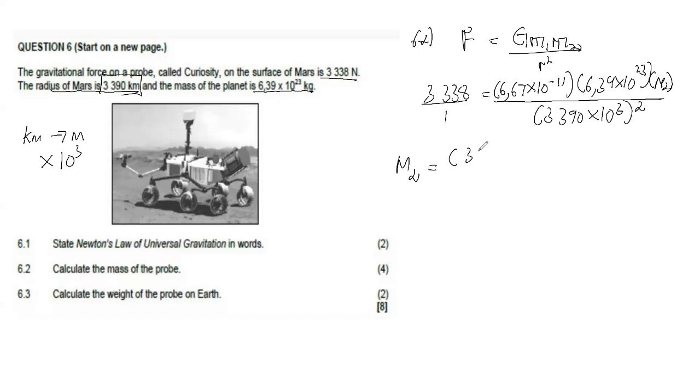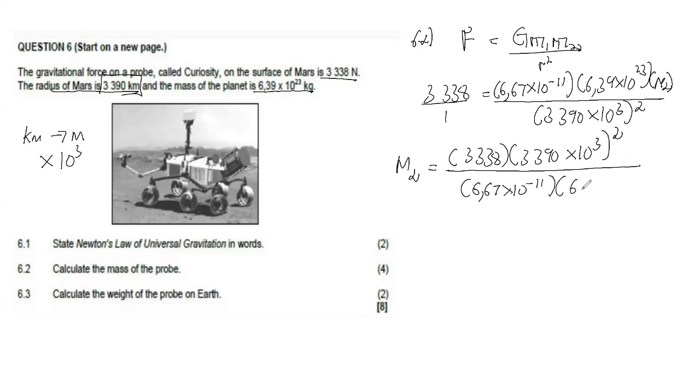So that's 3,338 multiplied by 3,390 times 10 to the exponent of 3, and then we square. Then we divide by 6.67 times 10 to the exponent of negative 11, and then 6.39 times 10 to the exponent of 23.